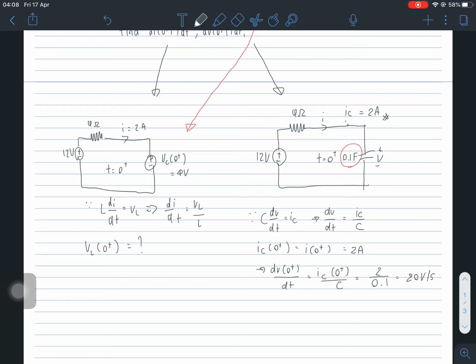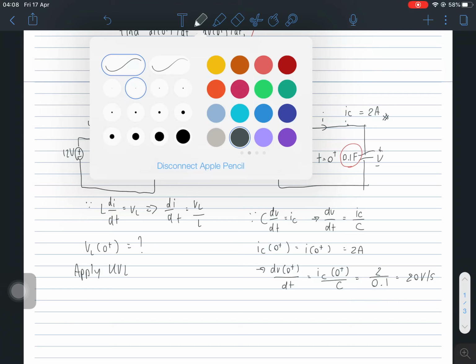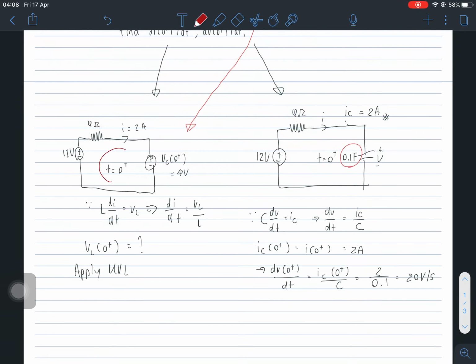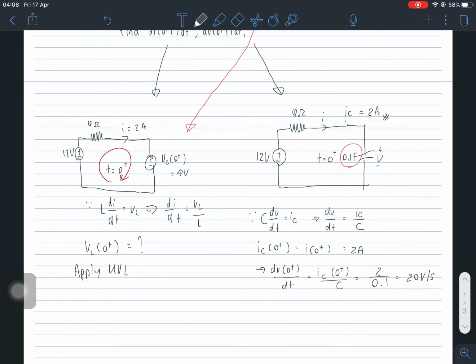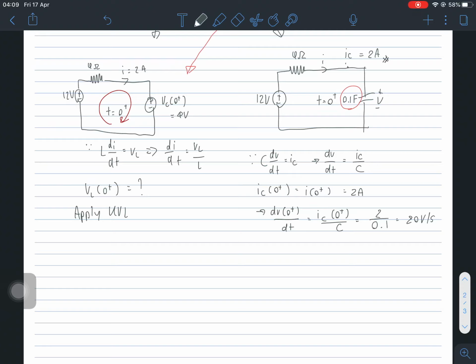To obtain vL(0+), we need to apply KVL for this loop.